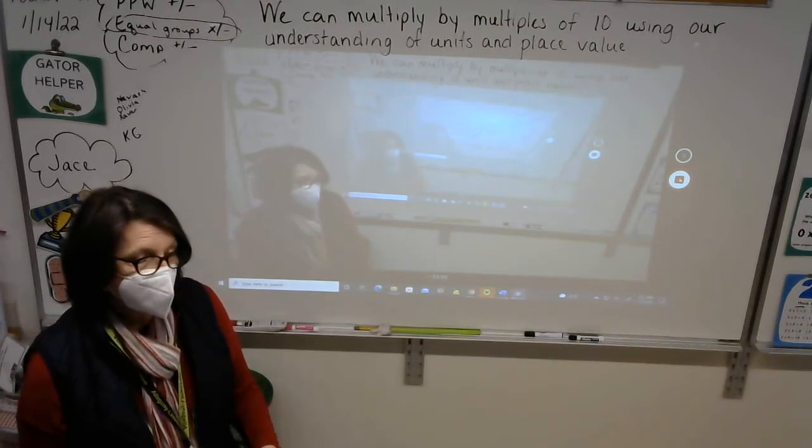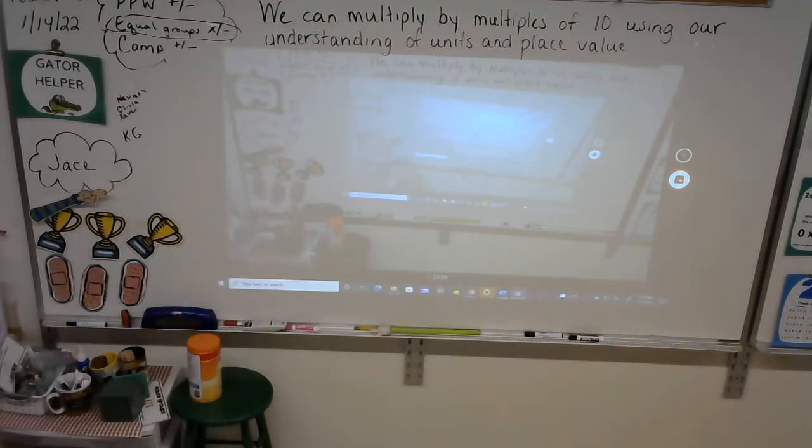Okay, so let's see. All right, so actually, I have your fluency today on a piece of paper, boys and girls. So for our friends at home, I also have that on a piece of paper. So we're going to understand what it means to multiply units. So look at this.